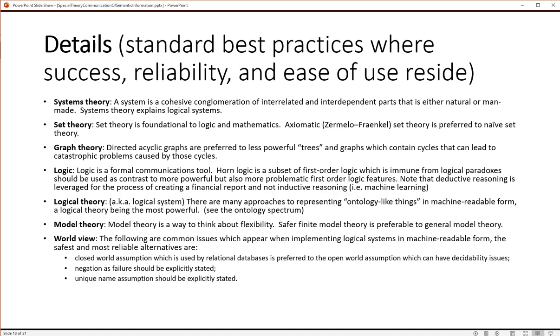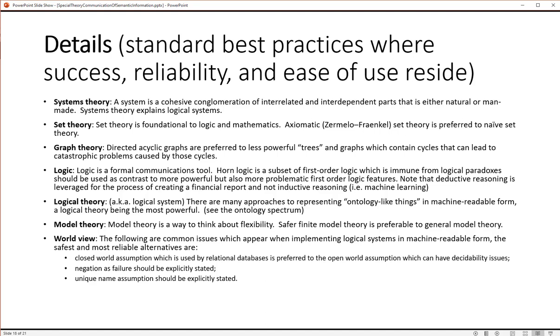All I'm doing is I am observing what other domains do to exchange logical information. And I'm noticing 2 things. Number one, they all use these different theories. They're all systems theory. You use set theory, you use graph theory, you use logic, you use a logical theory or a logical system, you use model theory, and then you have some sort of a worldview.